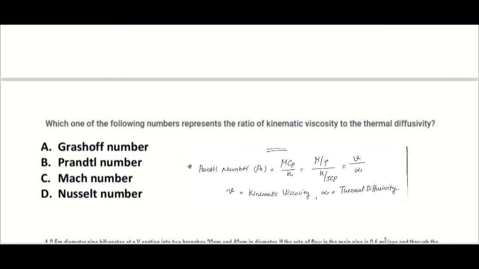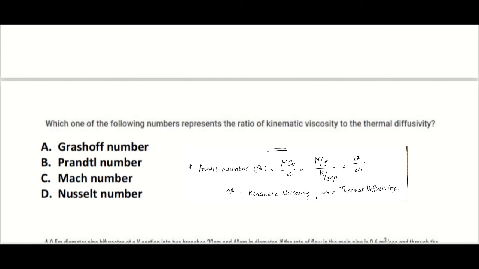Kinematic viscosity is the ratio between dynamic viscosity and the mass density of the fluid.